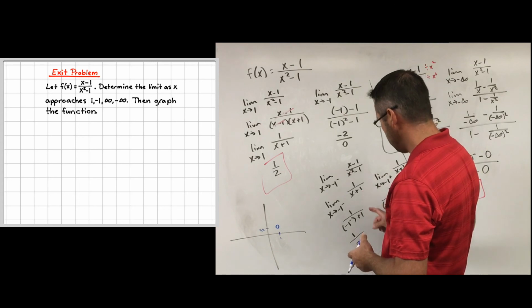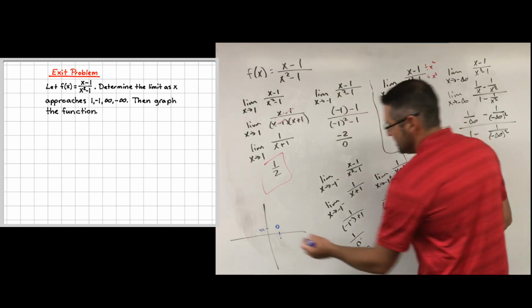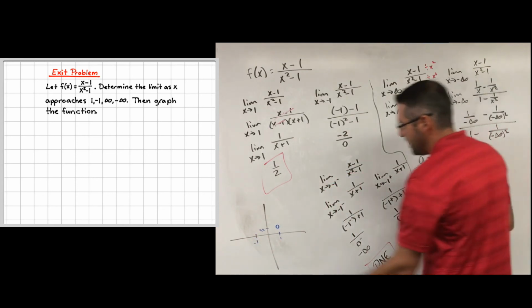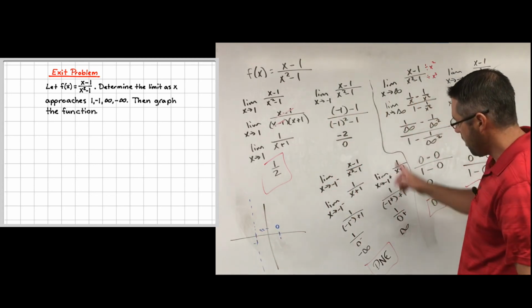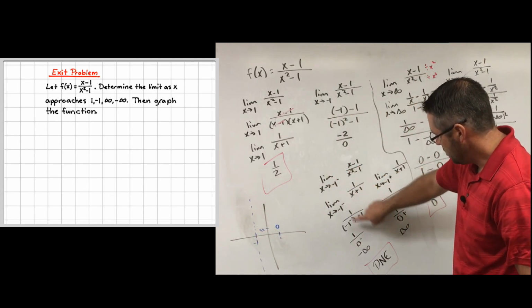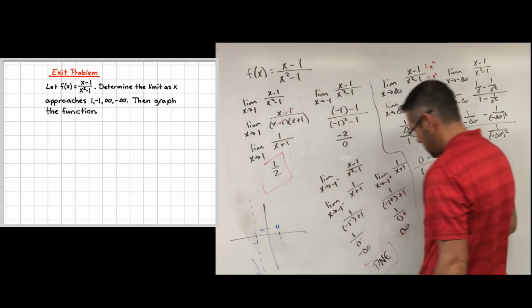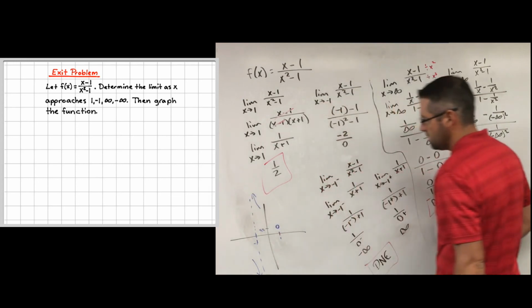We know that as x approaches -1, because we got infinity and negative infinity, we actually have an asymptote there. From the left-hand side, we're going to negative infinity, so we're going down like this. And from the right-hand side, we're going to positive infinity, so we're going up like that.